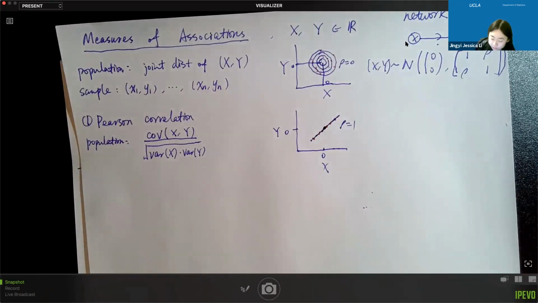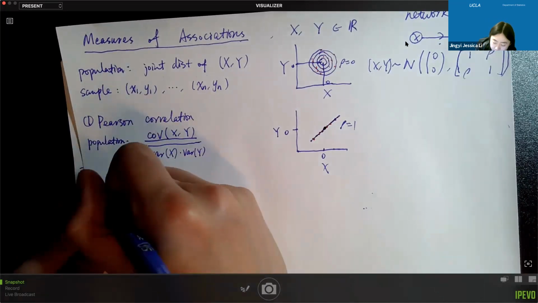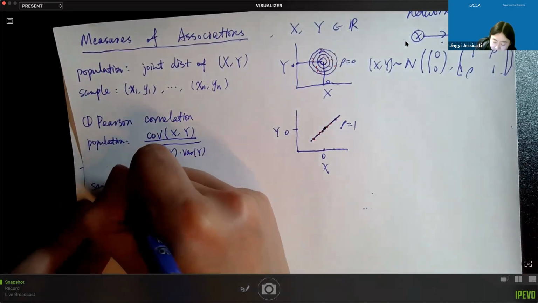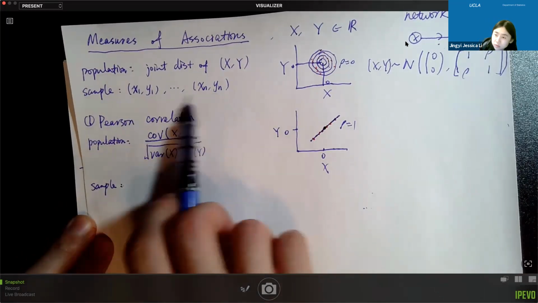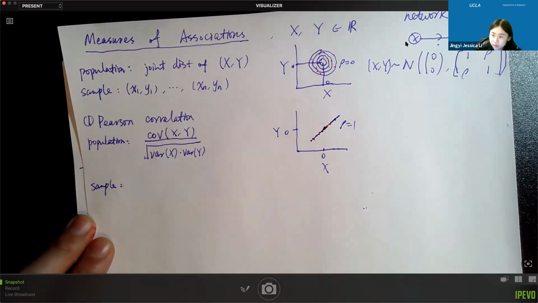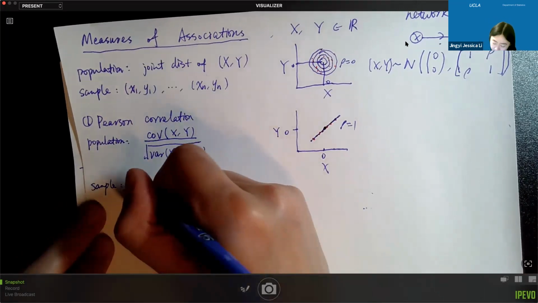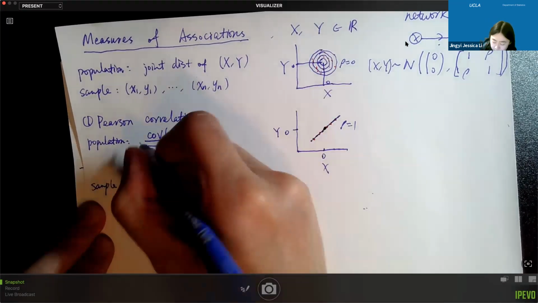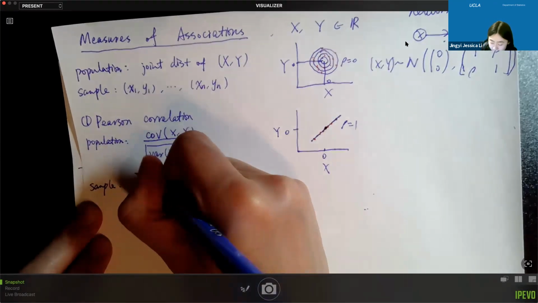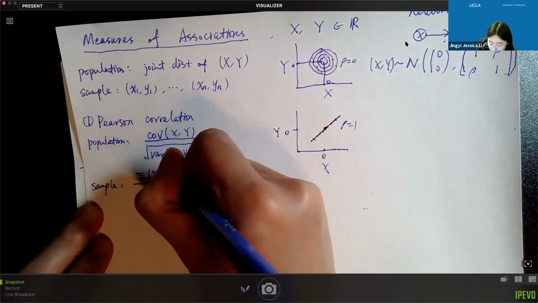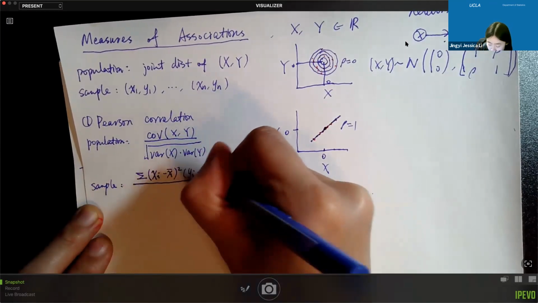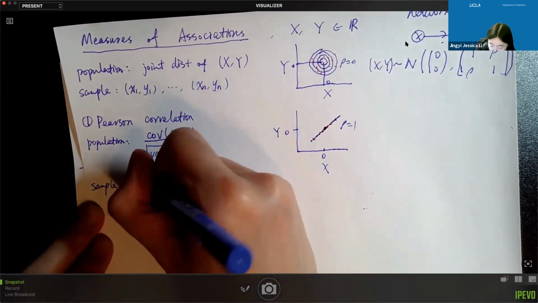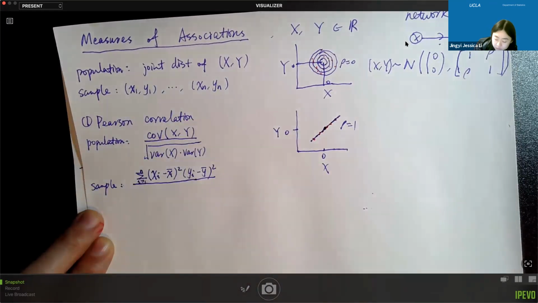That's the population Pearson correlation. And for the sample Pearson correlation, we just need to estimate the covariance and the variance using our sample. So we're going to replace the population quantities by our sample estimates. So essentially, we can show that this is equal to the summation of (xi minus x bar) times (yi minus y bar), and i goes from 1 to n. That's the numerator.